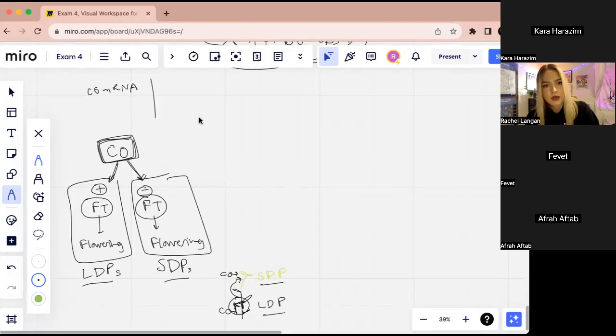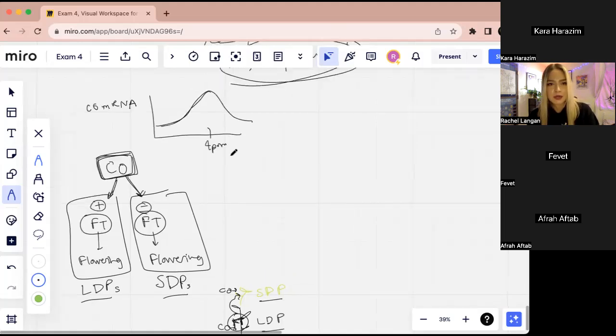So if you were to graph CO mRNA throughout the day, it would increase and peak in the late afternoon and then go back down. So it increases throughout the day, peaks, let's say like 4 p.m., and then goes back down. But mRNA isn't the protein, so that doesn't mean the protein's around.